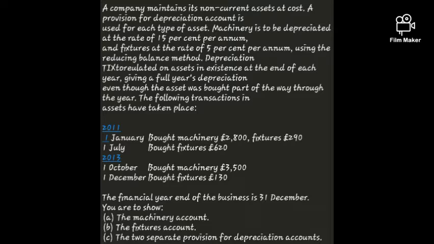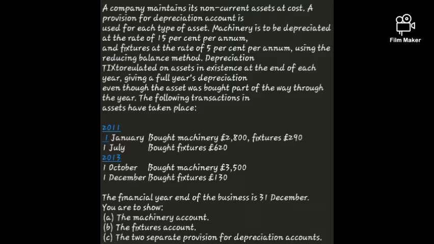A company maintains its non-current assets at cost. A provision for depreciation account is used for each type of asset. Machinery is to be depreciated at the rate of 15% per annum, and fixtures at a rate of 5% per annum. Using the reducing balance method, depreciation is charged on assets in existence at the end of each year, giving a full year's depreciation, even though the asset was bought part of the way through the year.